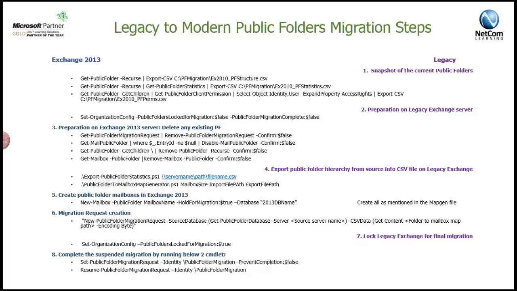Moving on to the fifth step. We will run the below command to create the public folder mailbox in hold for migration mode. The name of the public folder mailbox that you create must match the name of the target mailbox. What is important here is the mailbox.